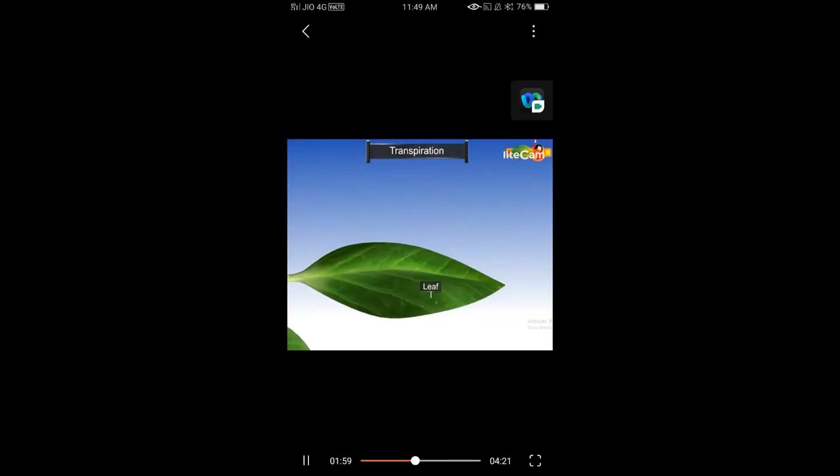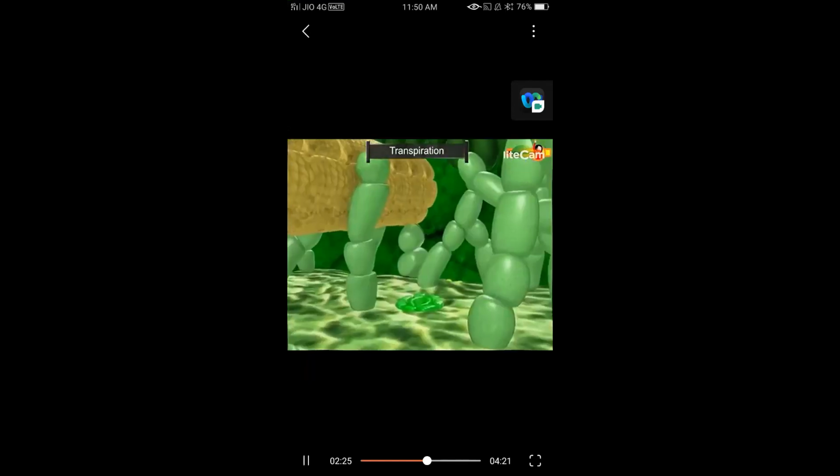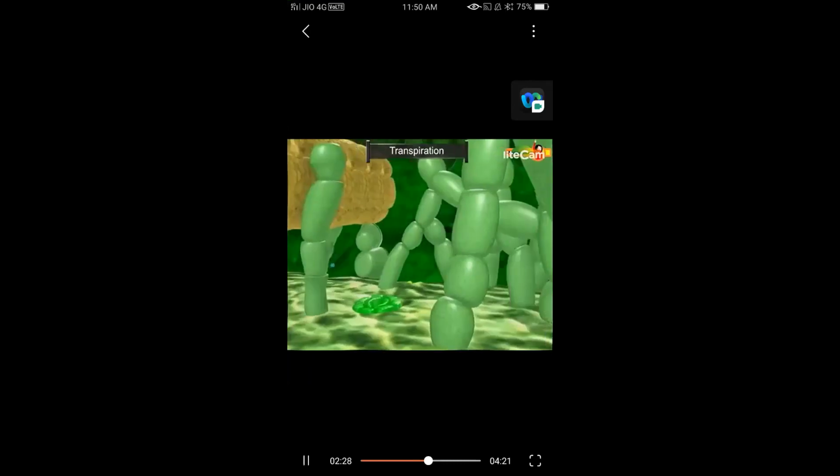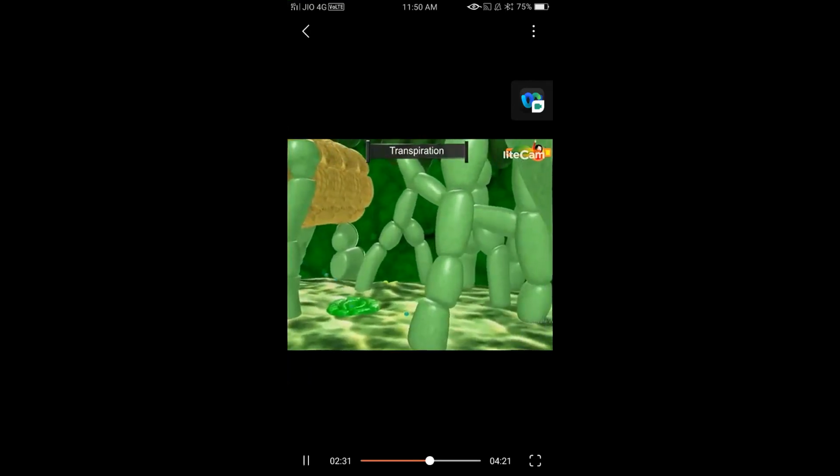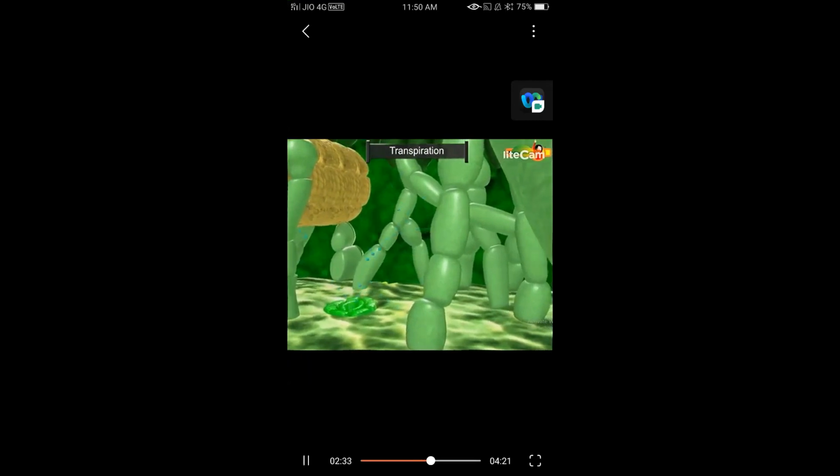The main process, how the transpiration pull takes place, you can see in the video. Because of the lower concentration of water vapor in the atmosphere, whereas there is a high concentration of water vapor in the leaf, because of this difference the water vapor diffuses out through the stomata. So there is a loss of water through the stomata, which is called transpiration. So because of the continuous loss of water, which creates a pull, it is called the transpiration pull.